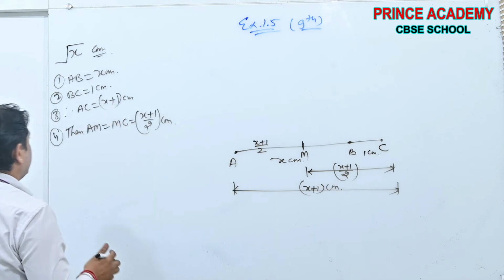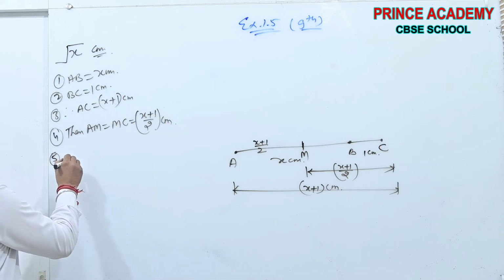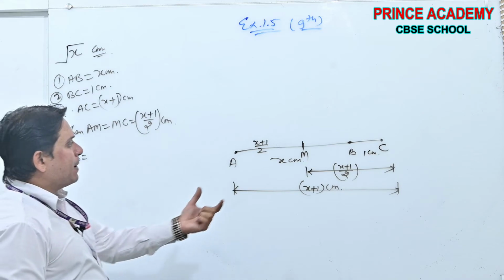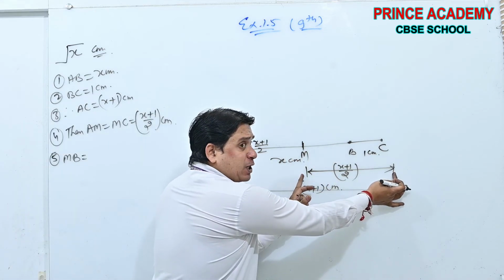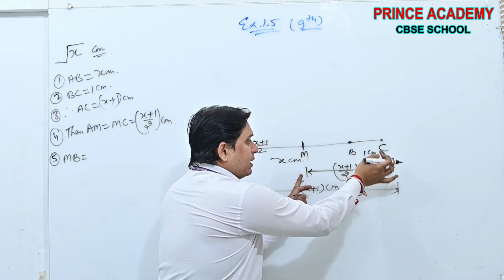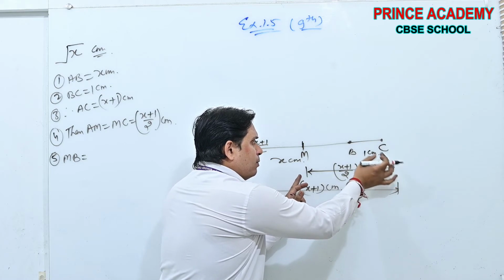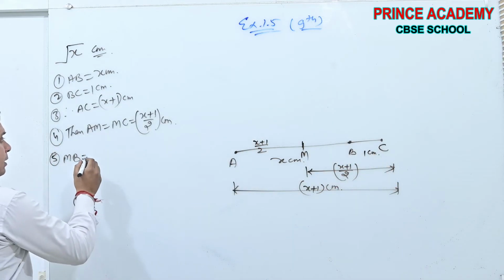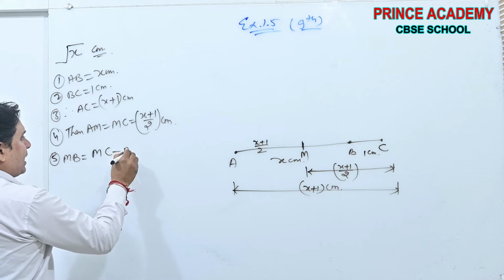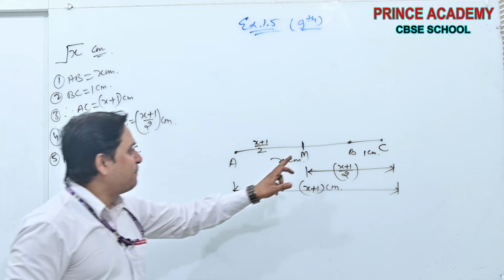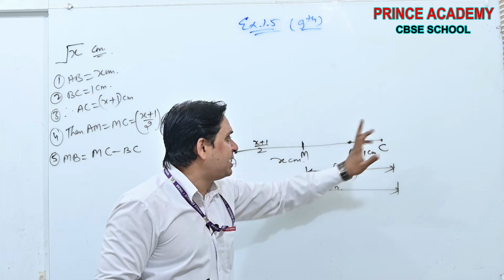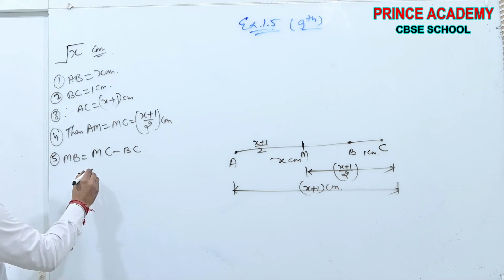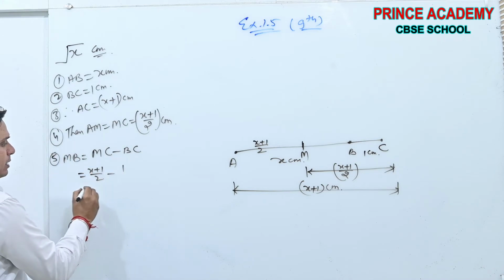Now see, number 5, MB. What is MB? This is (x plus 1)/2, and this is 1. MB is MC minus BC, so (x plus 1)/2 minus 1.